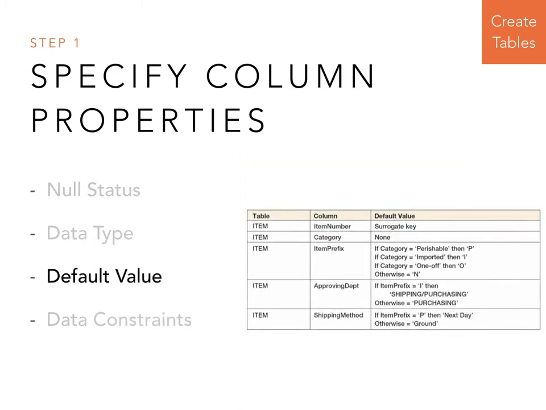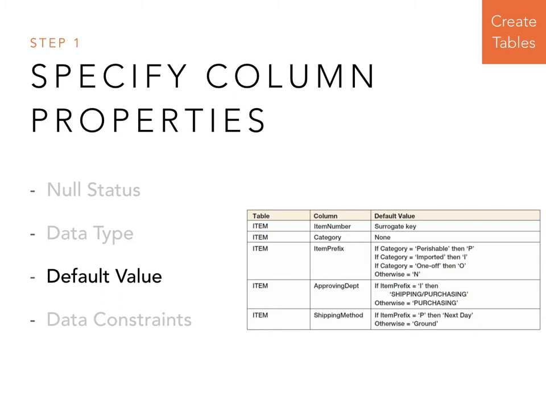Database products would also allow us to define a default value. Sometimes it makes sense to give an initial value to new cells when a row is created. In this case, he has this little document that defines for certain column names what their default value should be. None of these are that interesting to me, but they're saying things like item prefix, if the category is perishable, then you put in a P. So there's some rules that are built in, some logic that would have to be implemented in a different language in order to give those new rows that value.